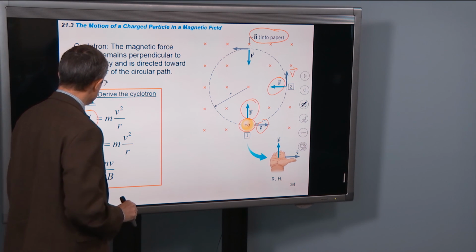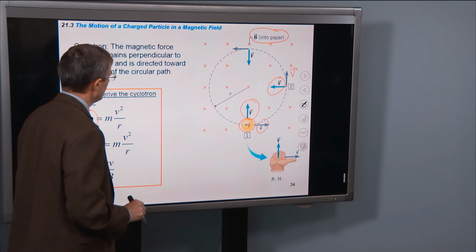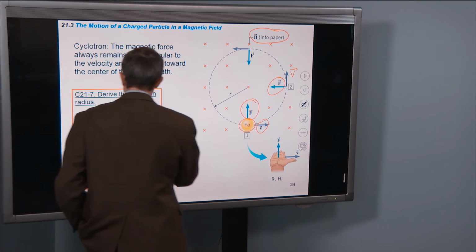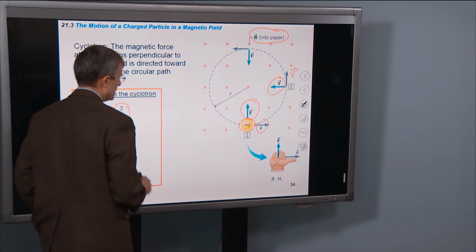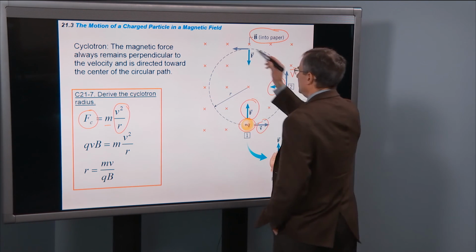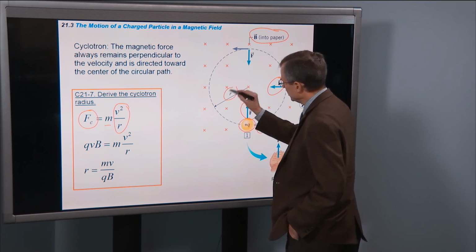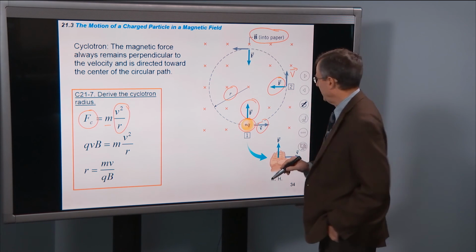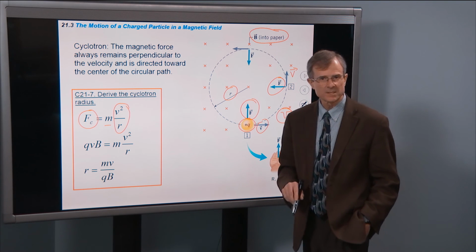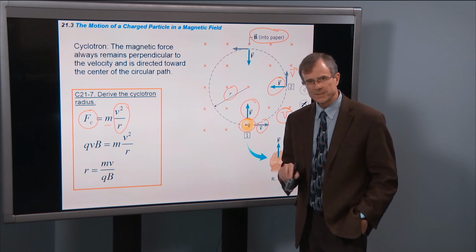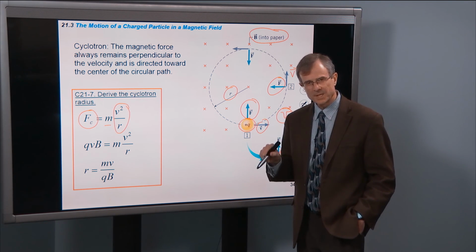What is that centripetal force? Well, it's the magnetic force. And it's supposed to equal the mass times the acceleration of that object that's going in this circle. So if you're going in a circle of radius r, and you have a speed v, that's the magnitude of the velocity, the acceleration is toward the center of the circle.